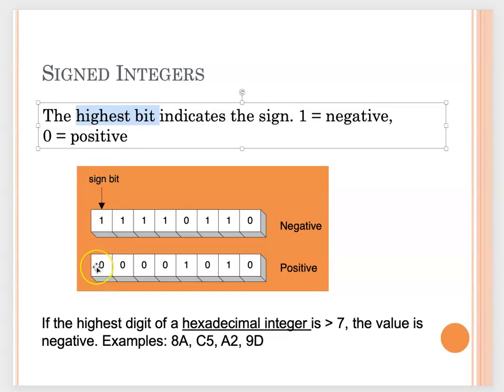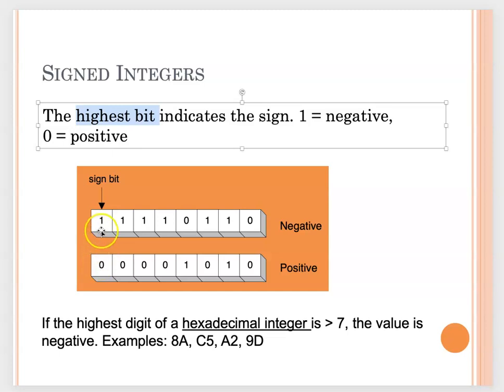If that bit is 0, it's positive. If that bit is 1, it's negative. So a signed integer uses the highest bit to indicate the sign, which means that bit is not counted toward the total value.